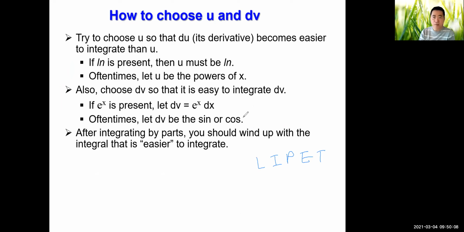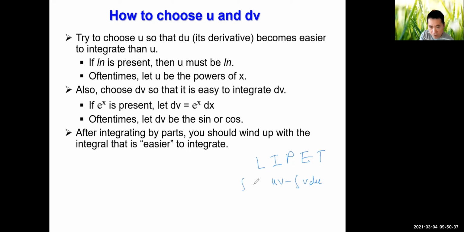The reason is that when you choose U, your goal is to make sure that du, its derivative, becomes easier to integrate than U. When you apply integration by parts, you have the second part, remember? uv minus the integral of v du.